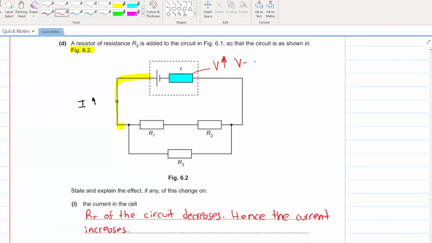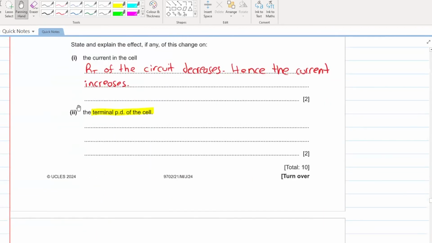Why? Because V equals IR. If the voltage across the internal resistance increases, the terminal potential difference will decrease.